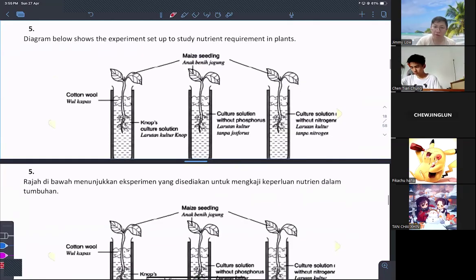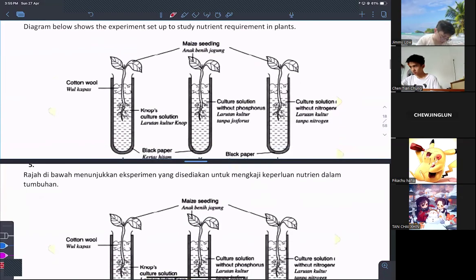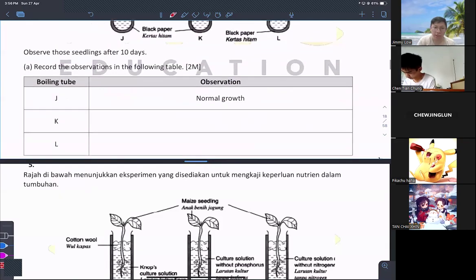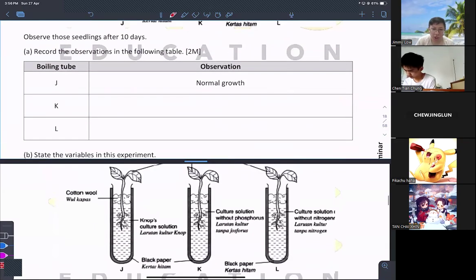Okay, so whenever it comes to different culture, different lack of certain nutrition, what will happen? As we said, if you lack nitrogen, yellowish. If you lack phosphorus, it means become alien. If you lack potassium, you have spots. So you look at the question, J is what? J is normal. So normal growth.